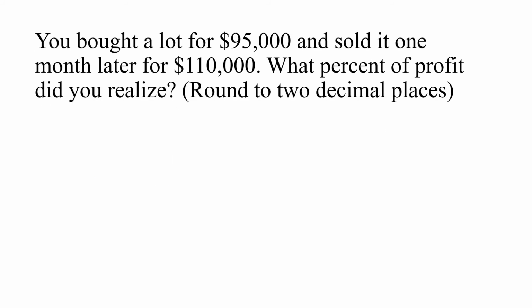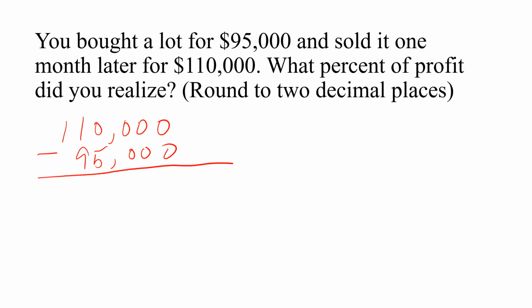You bought a lot for $95,000 and sold it 1 month later for $110,000. What percent of profit do you realize? Well, let's see. 110 is what we made. We bought it for 95, so let's subtract that, and that gives us $15,000 profit. So what percentage of profit do we realize? What you do in that case is you take the difference and you divide it by the first number.